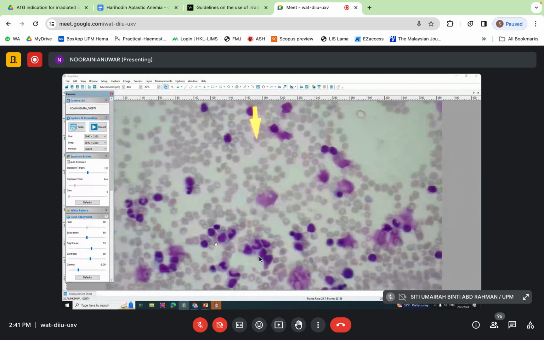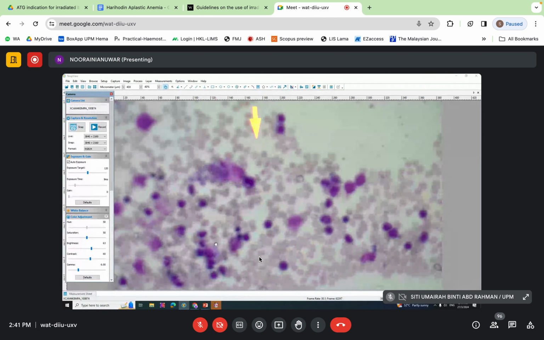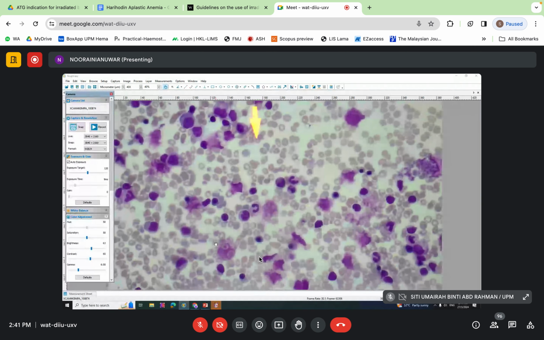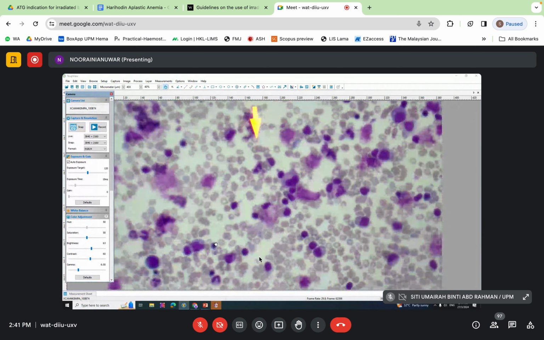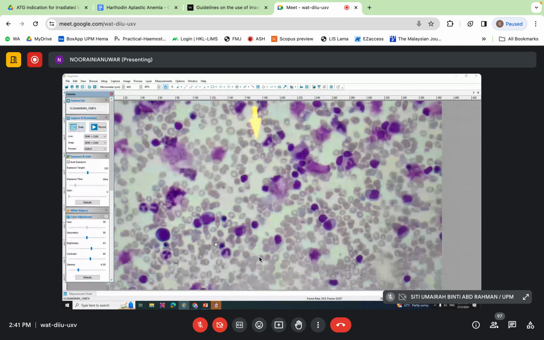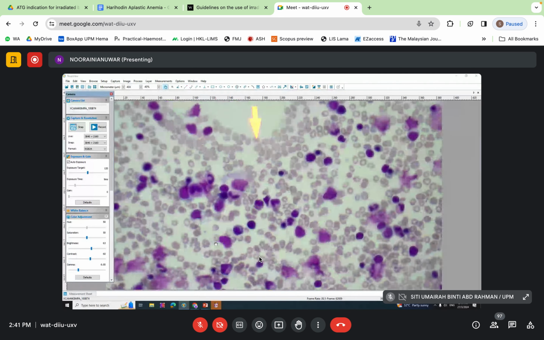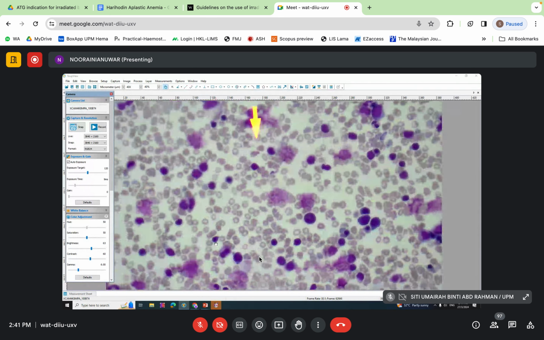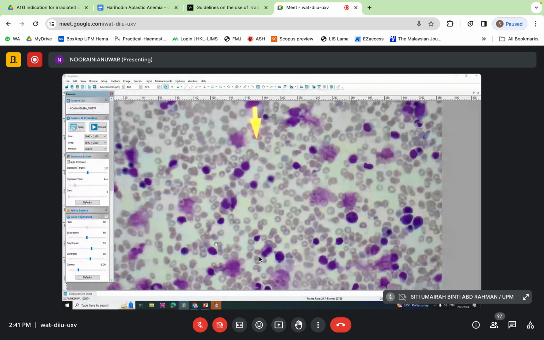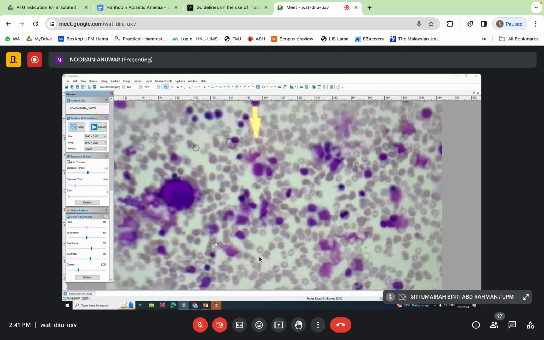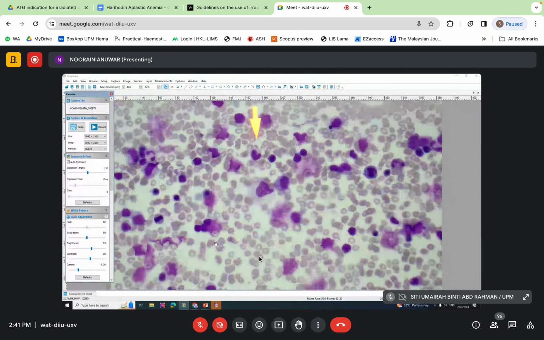When we browse through all the smears here, there are no abnormal large lymphoid cells, all small lymphocytes. Something like CLL or well-differentiated lymphocytic lymphoma. The possible differential at the moment will be a small cell lymphoma, either CLL or mantle cell.